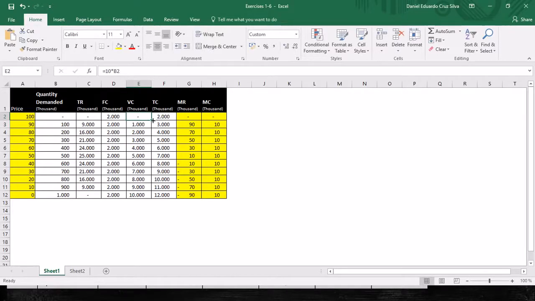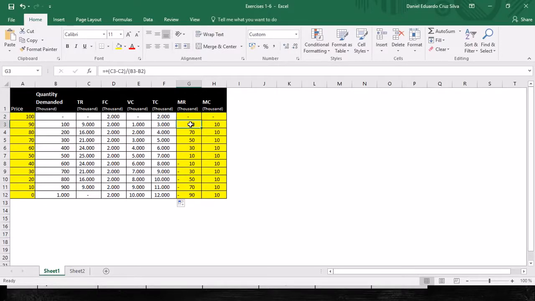Then again, you double click here, and you have the result. Then the total cost is going to be the sum of this column G and E. So it's going to be this value plus this one. Then if you double click here on the corner, you will arrive.